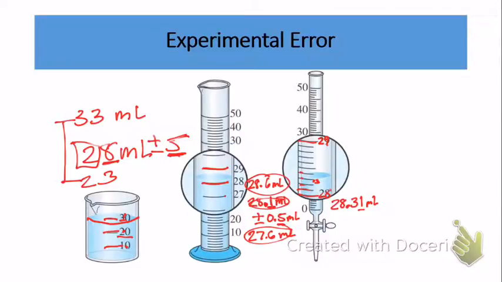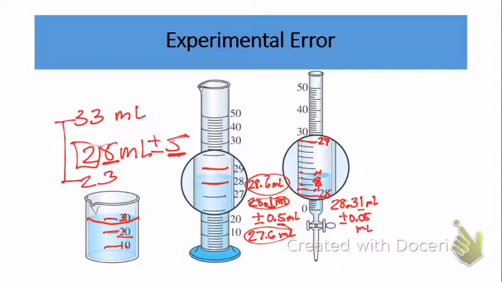All right, so what is the random error? It should be plus or minus half of the smallest hash mark. If the smallest hash mark is going up by 0.1, that's 0.2, 0.3, 0.4, it's just going up by 0.1, then half of 0.1 should be 0.05 milliliters.